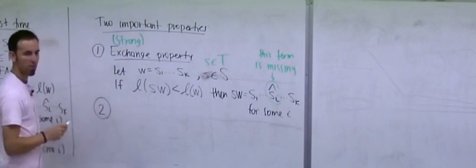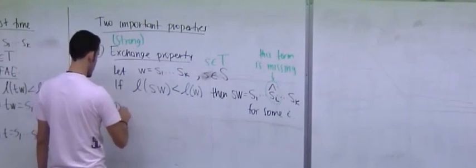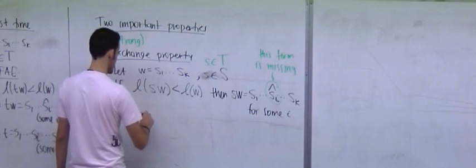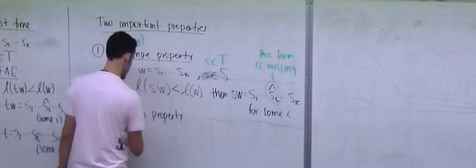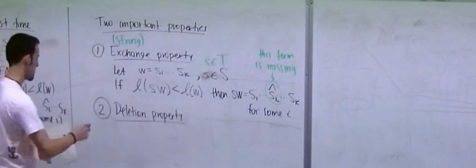And then there's a related property called the deletion property, which says the following.